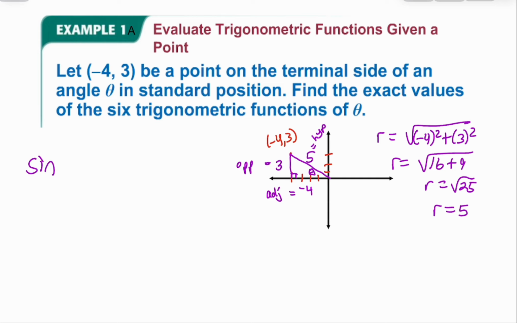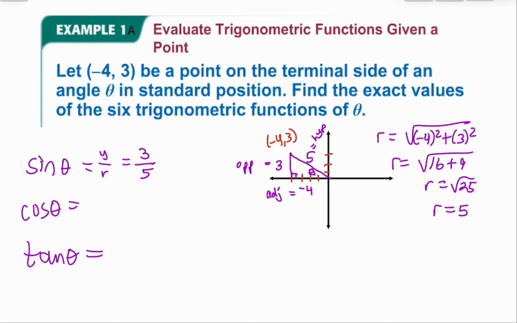So just do what we did before, sine, cosine, and tangent. The sine is always going to be opposite over hypotenuse, or y over r. So that is always going to be 3 over 5.